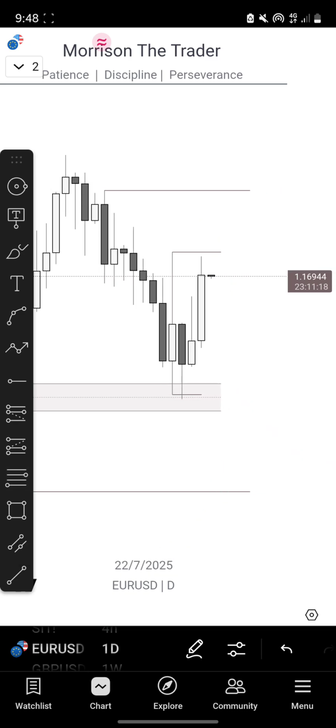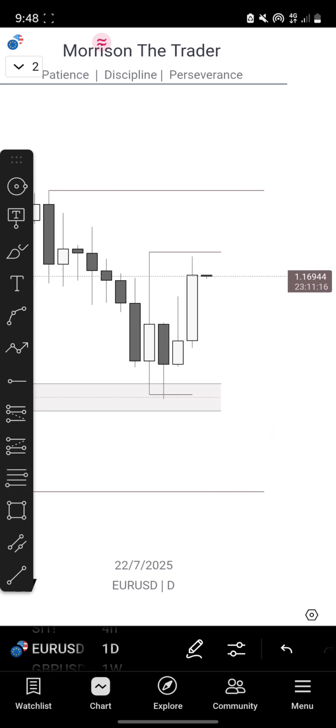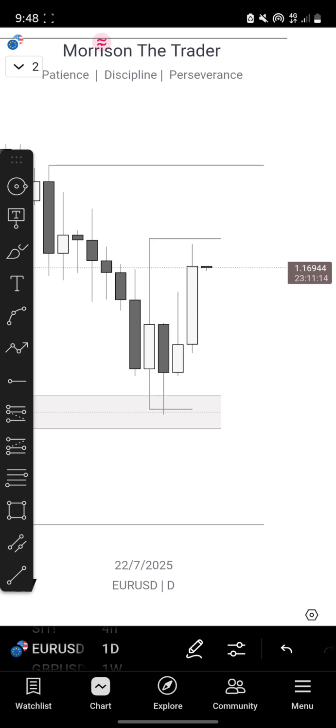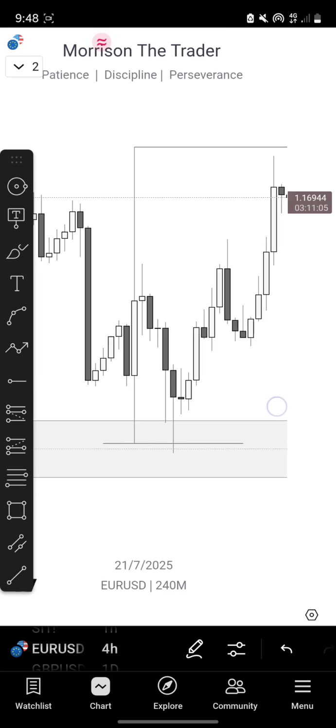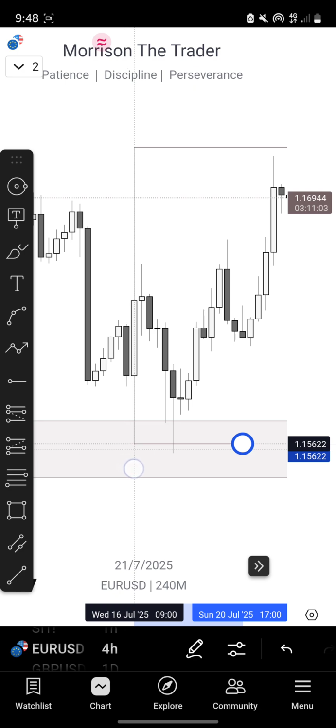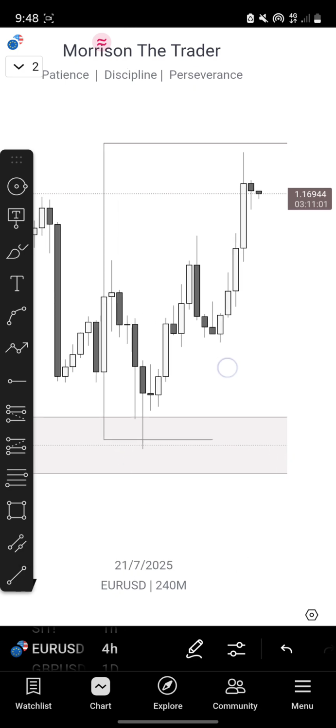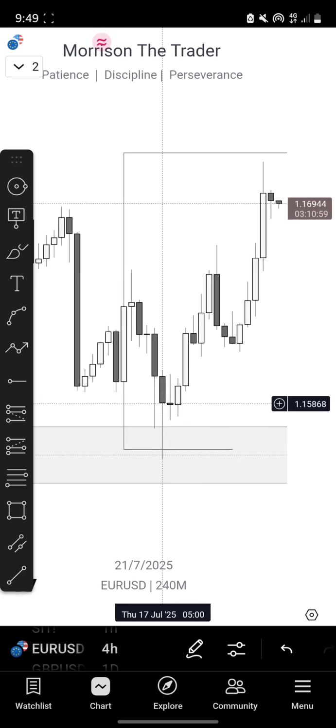So after you've confirmed your daily bias, right? The next day, which is Friday, you are looking for a PD array on the 4-hour time frame in Thursday's range, right?